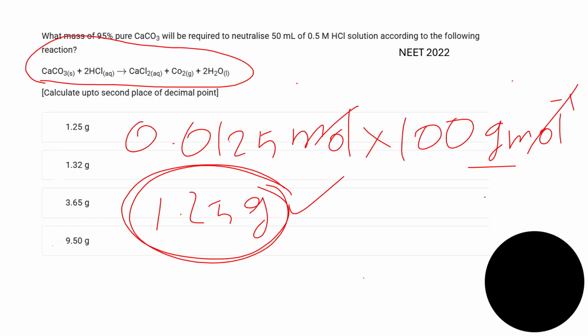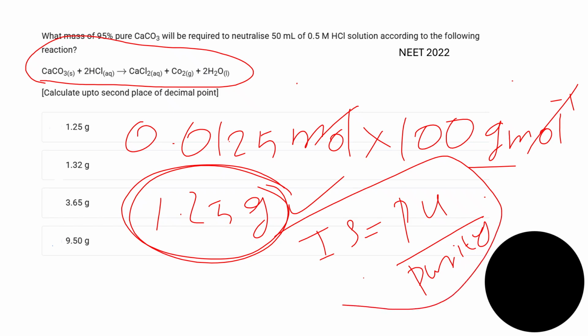There is one formula. Impure sample is equal to pure sample divided by purity. This is a formula to find the impure sample.